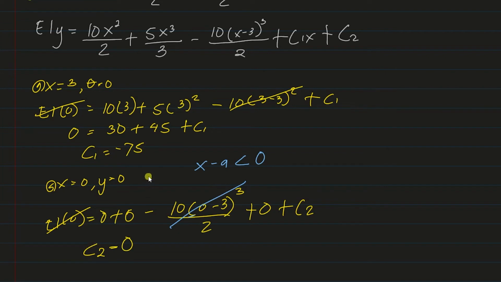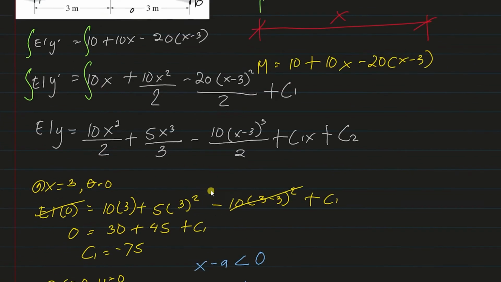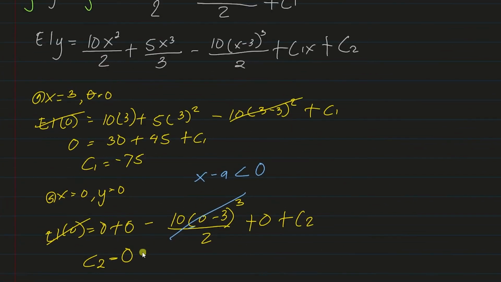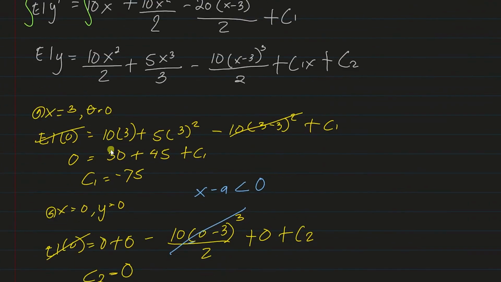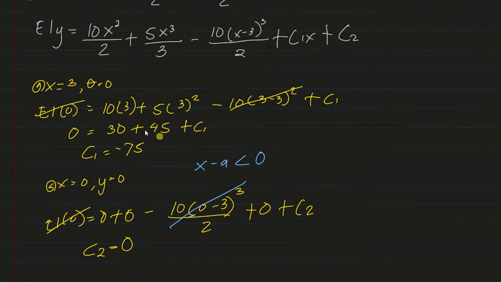Take note of that, guys. When x minus a would give you a negative number, cancel it out, do not include it. Gets? Alright. So, with that said, we know the value of C1 and C2. So, pwede natin i-plug in dito yung value ng C1 and C2. And, finally, we have our deflection equation. Ang galing.